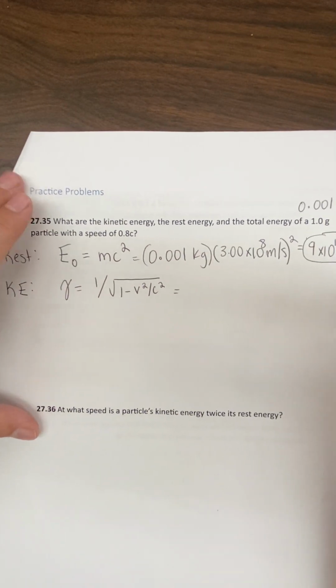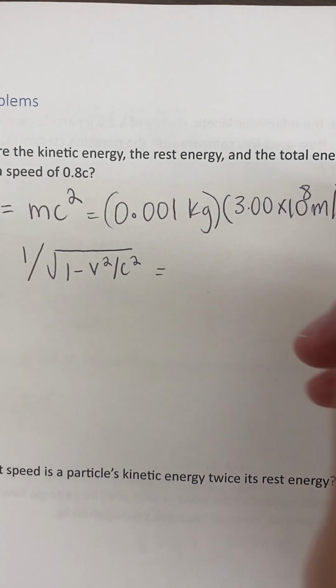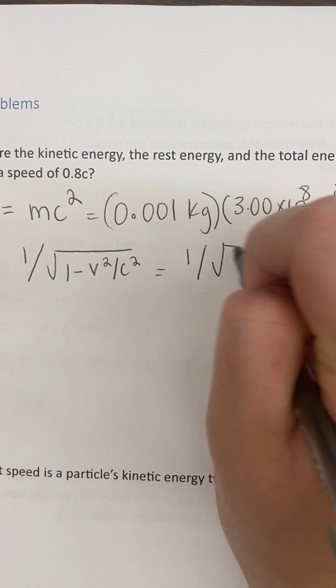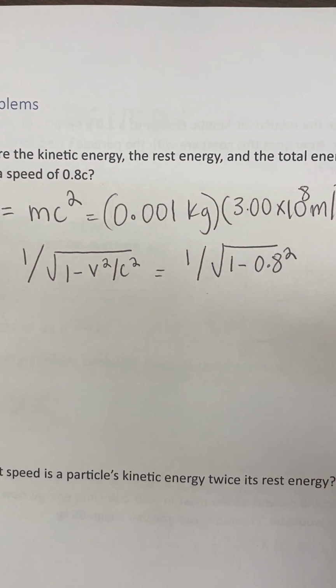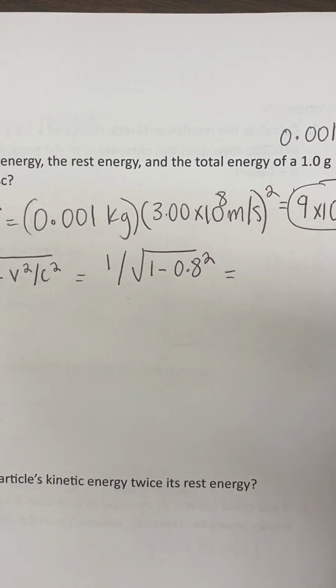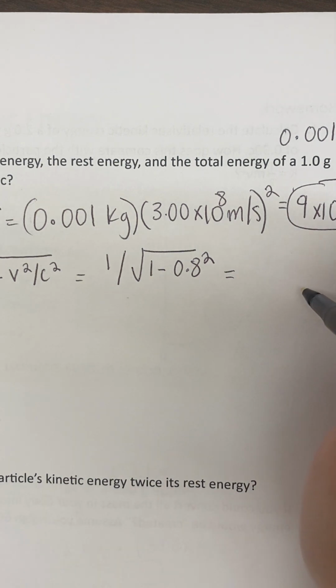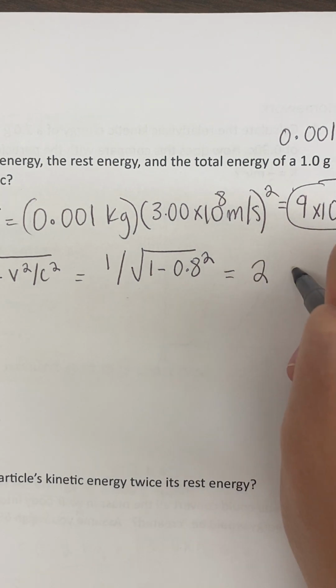So it's going to be 1 over square root 1 minus 0.8 squared. I'm not going to worry about the c's. I know they cancel out. Okay, this gets us, rounding to 1 sig fig, 2.